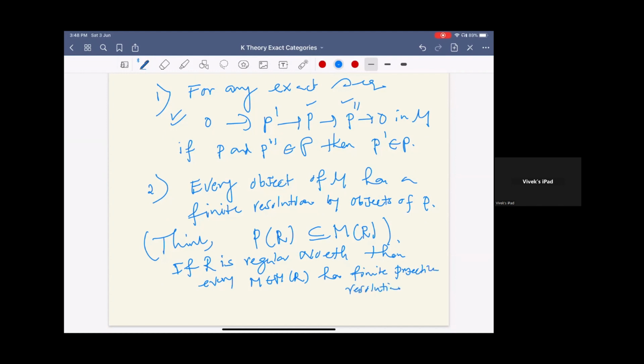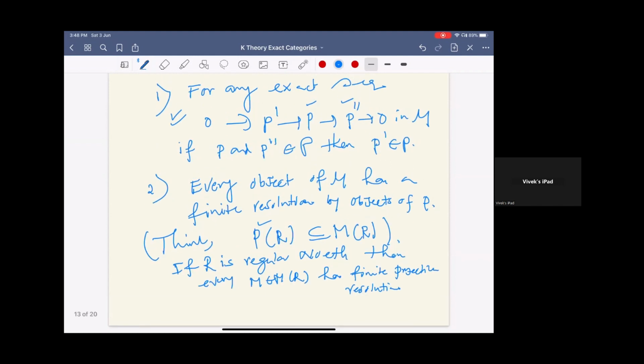But this is actually for general category theory: every object of M has a finite resolution by objects of rho. But in this case, rho is PR. Okay, so in the case of a regular Noetherian ring, these two properties hold for PR and MR.